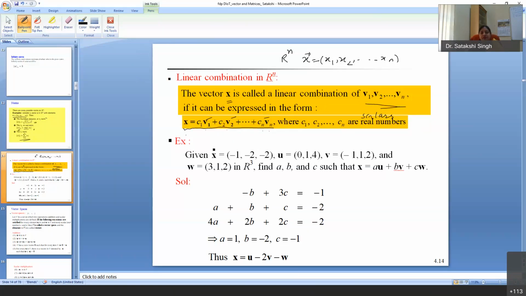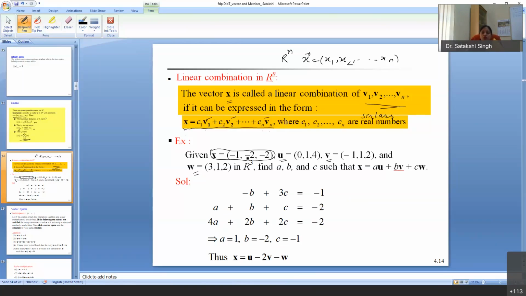So you have been given one vector x. You have to find out whether you can write this vector x as a linear combination of the given vectors u, v and w. What is our aim here?